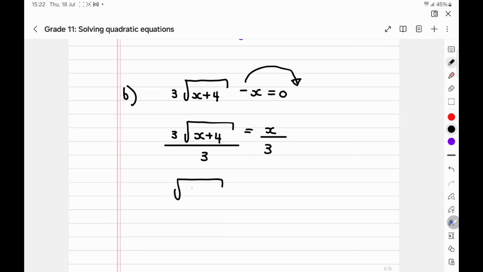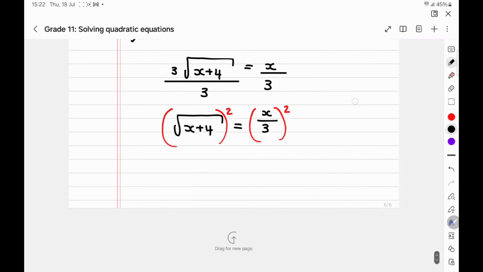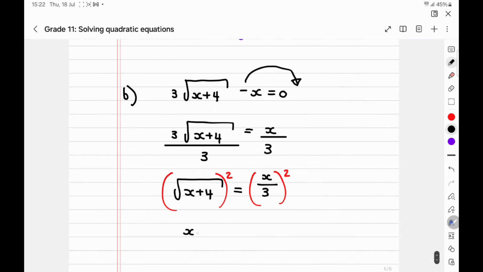Okay, we want the surd completely by itself, the square root and the numbers underneath it. And now we can square on both sides, and that will leave me with x plus 4 is equal to x squared over 3 squared, which is 9. Now you can go and multiply by 9 all throughout. 9x plus 9 times 4 is 36, is equal to x squared.